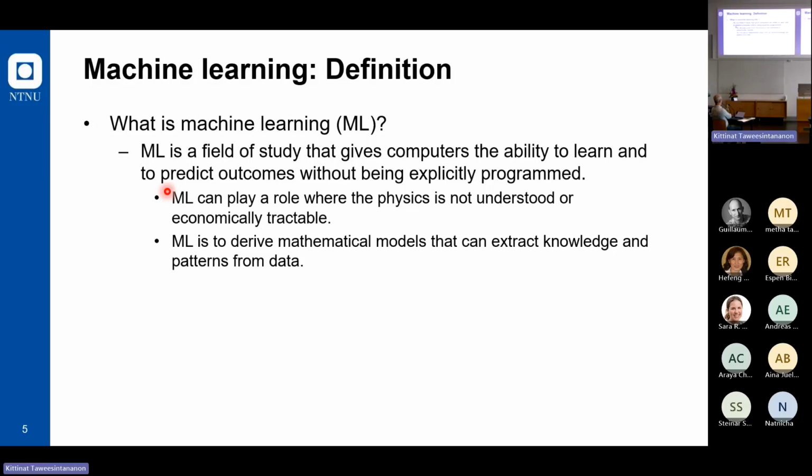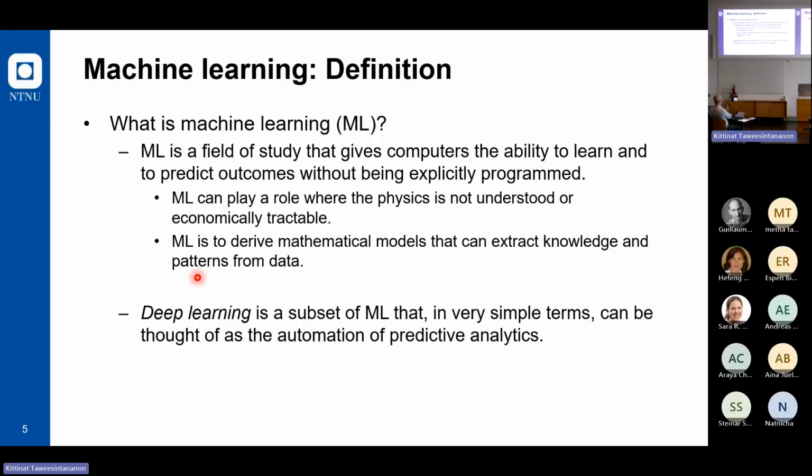You may feed it some sentence, something like that, and let this technology predict the outcome for you. And machine learning can play a role where the physics is not well understood or economically tractable. So machine learning is to derive some kind of model, in terms of a mathematical or computational model, that can extract knowledge or patterns from the data.